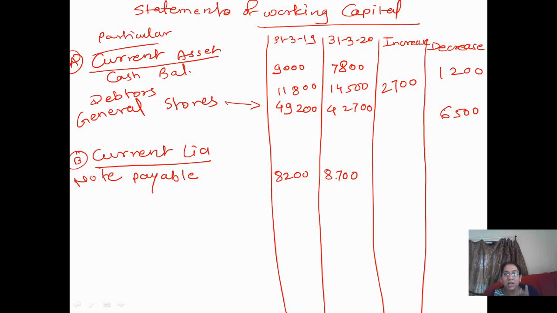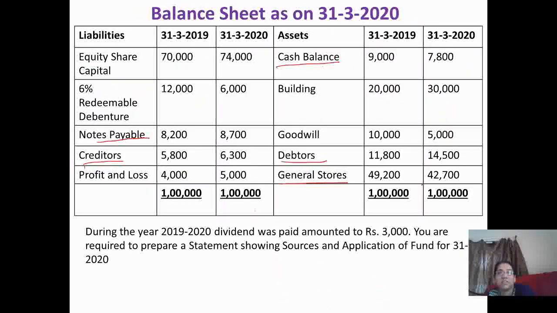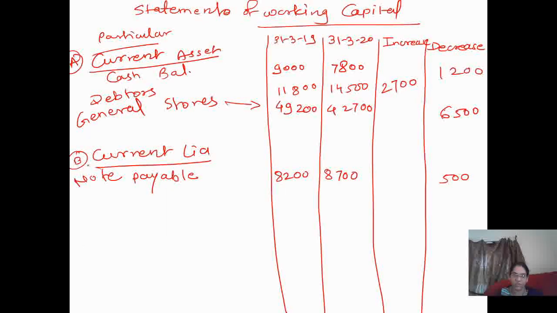Here shown liability increase by rupees 500. So we have to write down the difference value under the column of decrease, 500. Liability increase, working capital decrease. The next amount was creditors, 5,800 and 6,300.